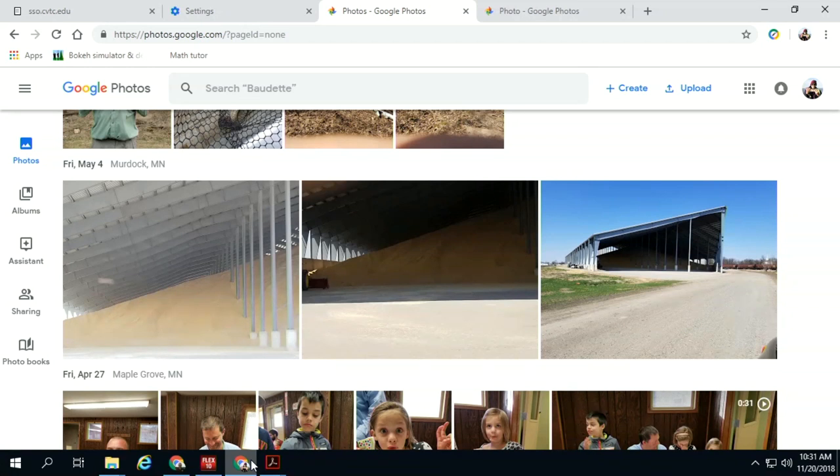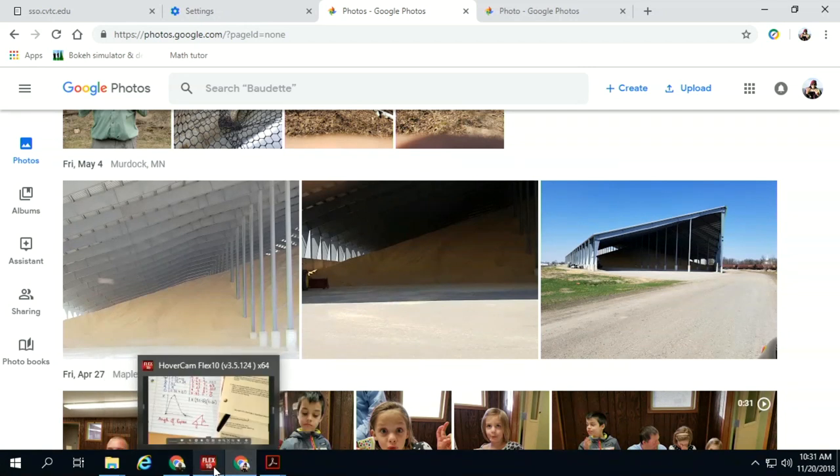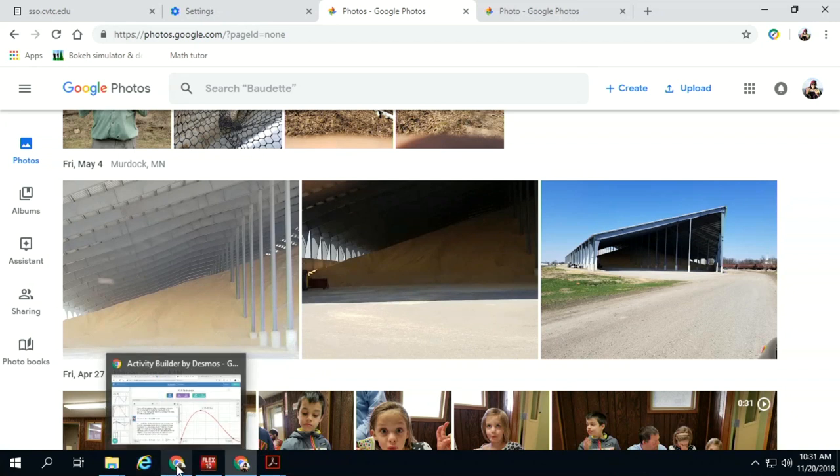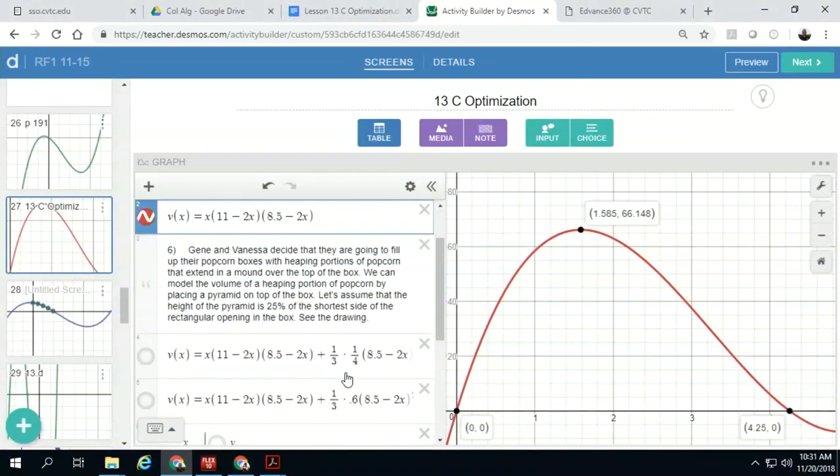One of them is the snow load would be just tremendous. But the other one is they need to maximize the amount of volume inside in order to have that stuff work out. So the part I don't like about our lesson is it says that the angle of repose is about 12 degrees or something like that. But it makes the math easier.